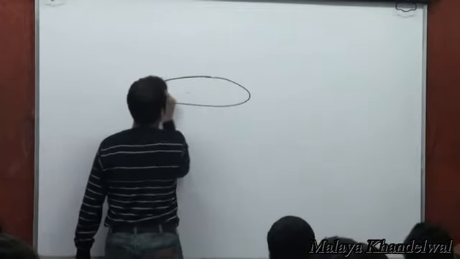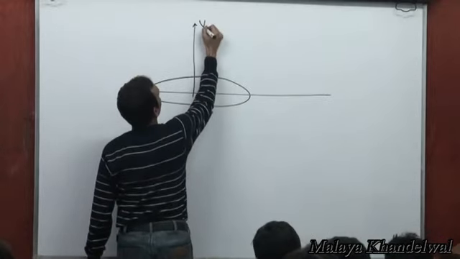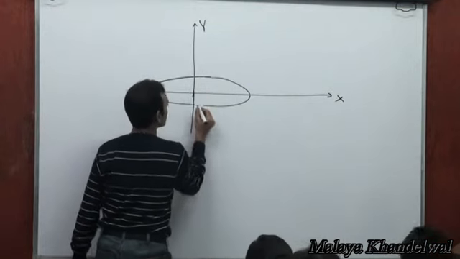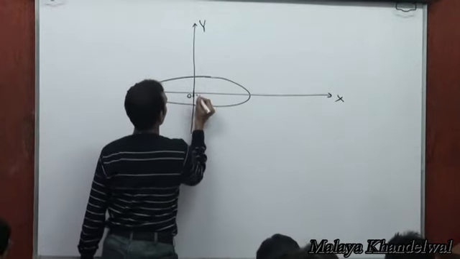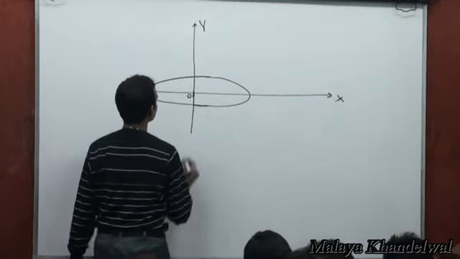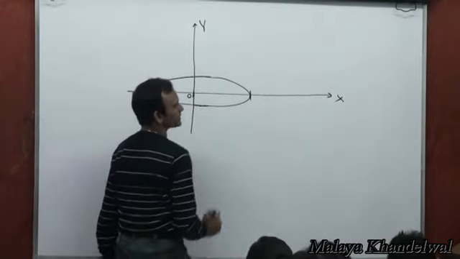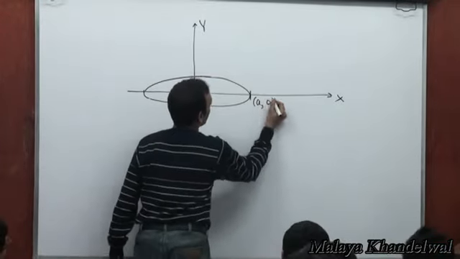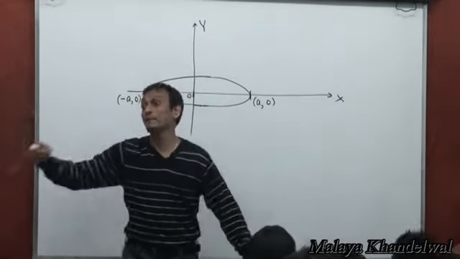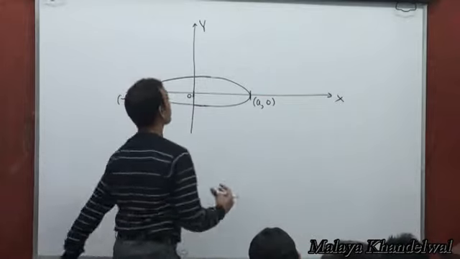The ellipse obtained: this is the y-axis, this is the x-axis, this is the origin O. The two extremities on the x-axis are a comma 0 and minus a comma 0, where S1P plus S2P was 2a.